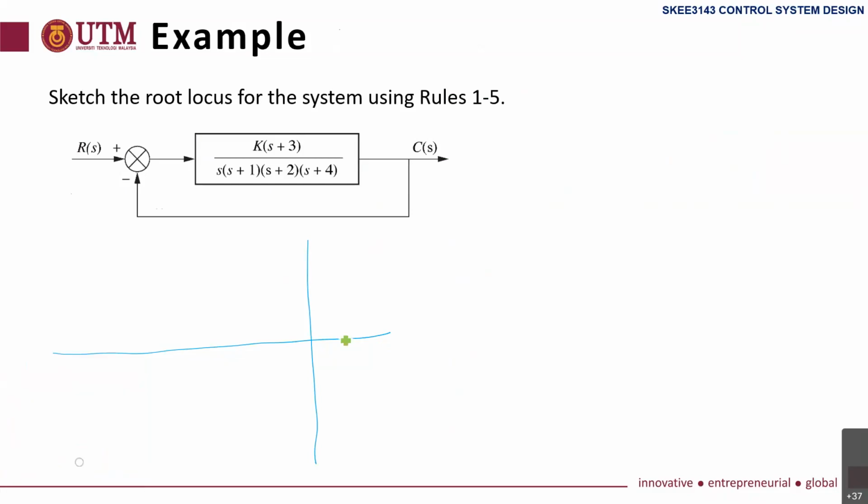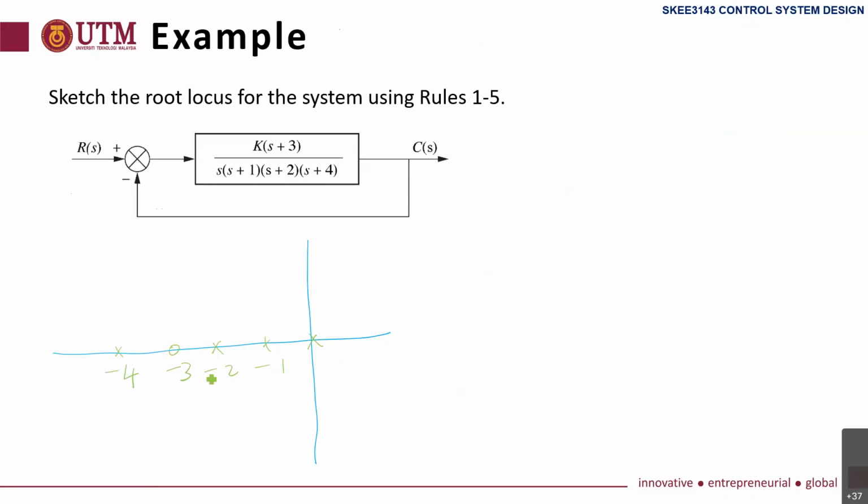We have poles at 0, minus 1, minus 2, minus 4, and minus 4, and we have a zero at minus 3. So we know that we will have 4 branches because there are 4 poles.